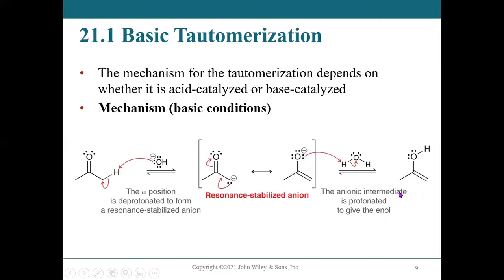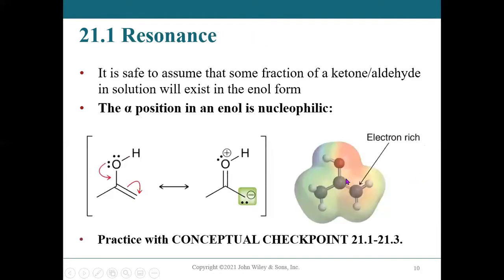If the base is not strong, then the enolate converts into the enol by abstracting a proton from water. So the final product is the enol. We start with the carbonyl and it can tautomerize to the enol.